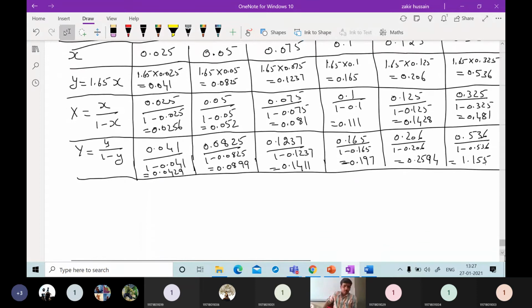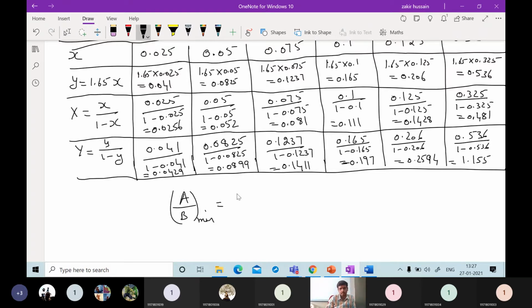So these are the values we already obtained to draw the equilibrium curve. Now it is very easy to find the terms. Let us verify this equation once again. A by B minimum is equal to y1 minus ynp plus 1 divided by x naught minus xnp. What data points do we have?